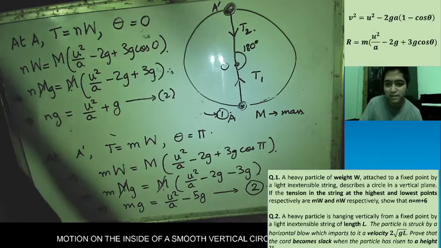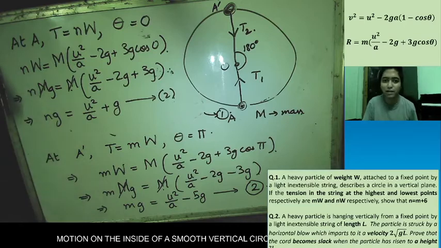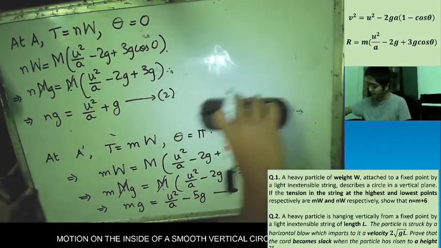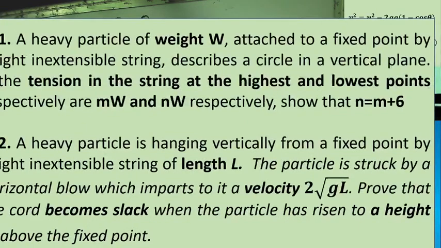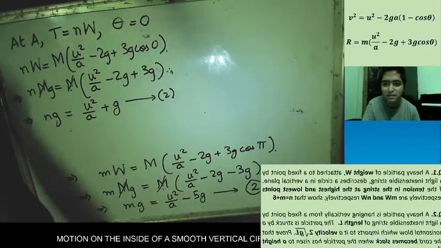Now let us see what we need to get. If you take a look at the question, we have to show that n equals m plus 6. If you take m to the left hand side, it will be n minus m, so we will subtract the two equations.